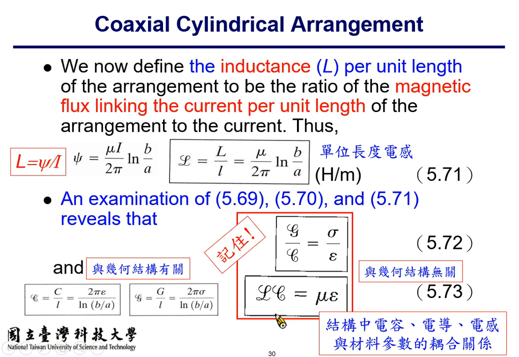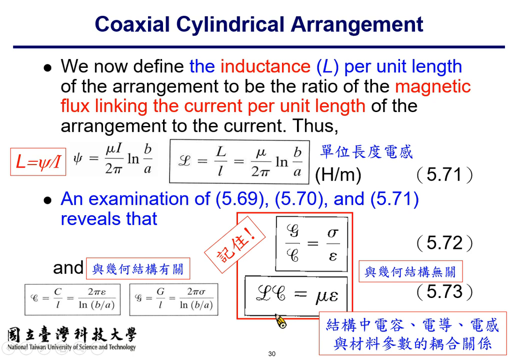The consequence of these two relationships is important: you don't need to derive per unit length conductance, capacitance, and inductance for every structure you have. You only need to derive one property. For example, you only derive the per unit length capacitance, then the per unit length conductance and inductance can be found using these relationships.